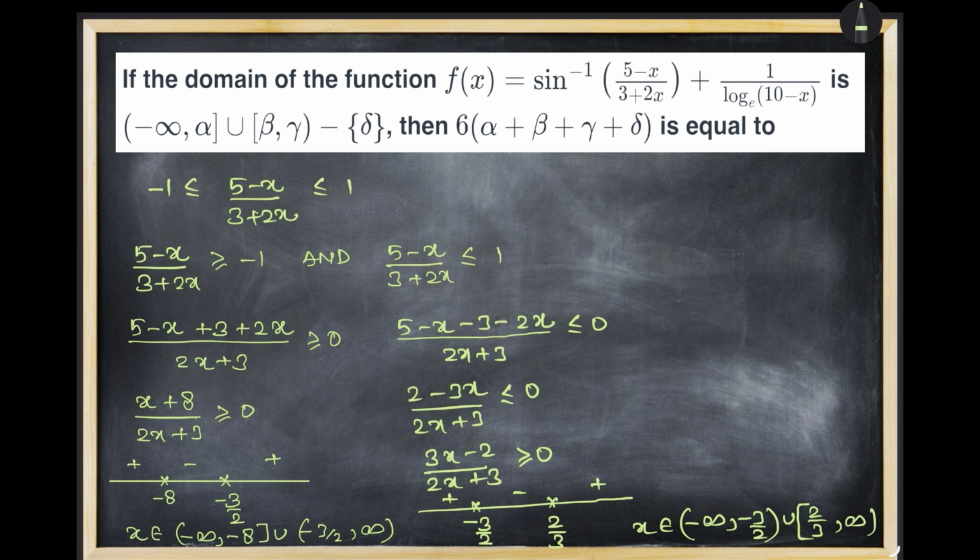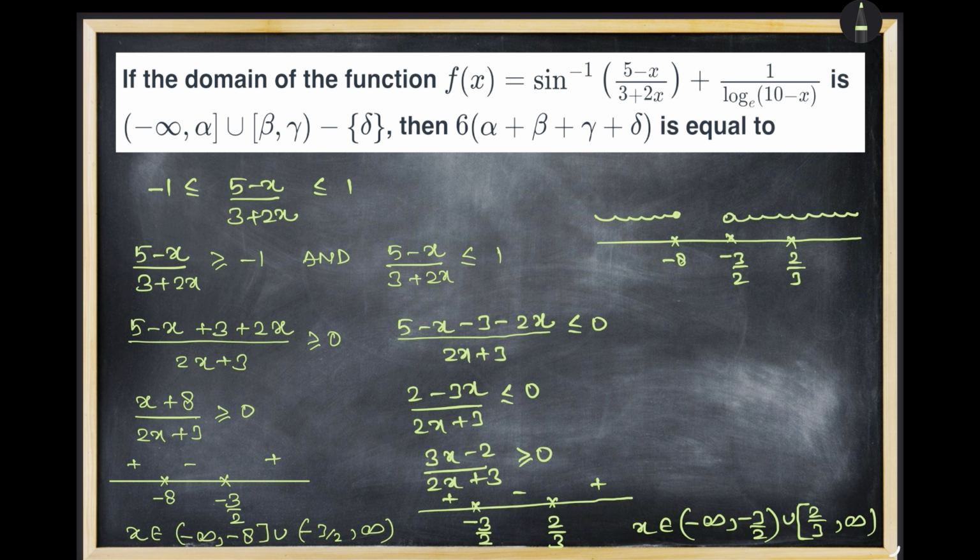Now we will plot both of them on the same number line. We got zeros as minus 8, then minus 3 by 2, then 2 by 3. Now first part: it is behind minus 8, yes, and after minus 3 by 2, open circle.